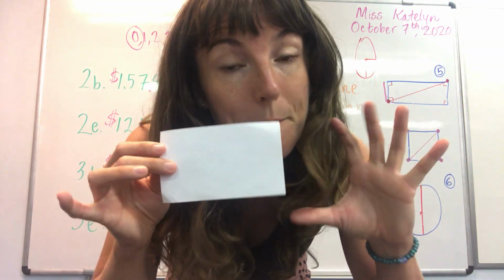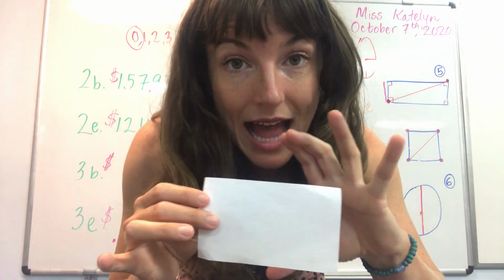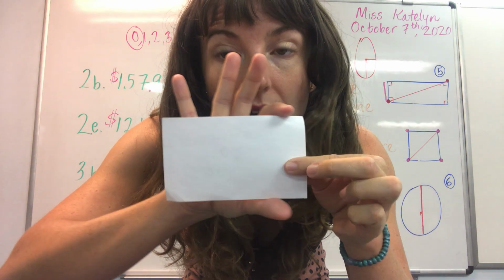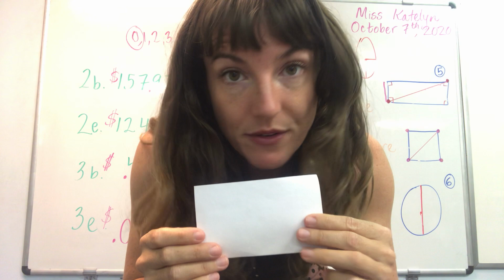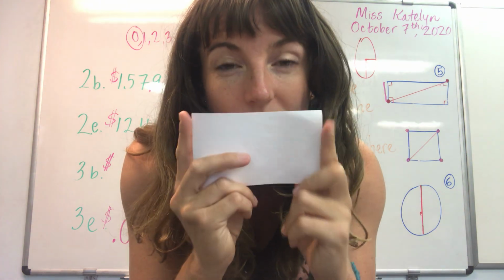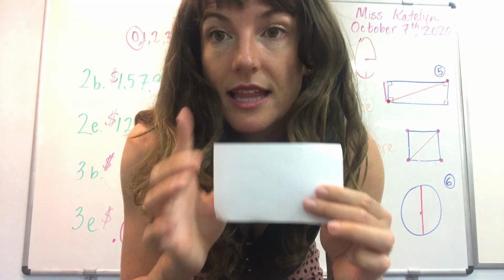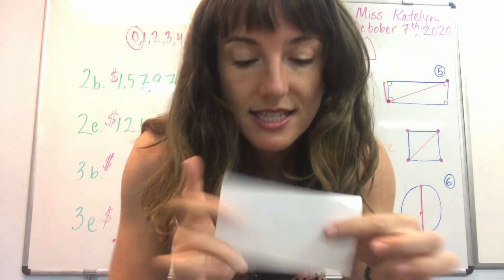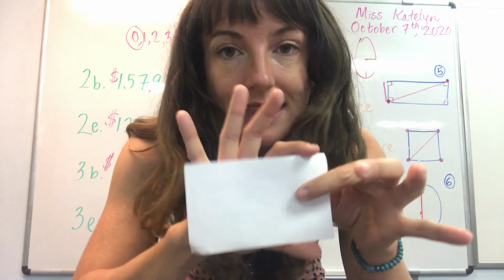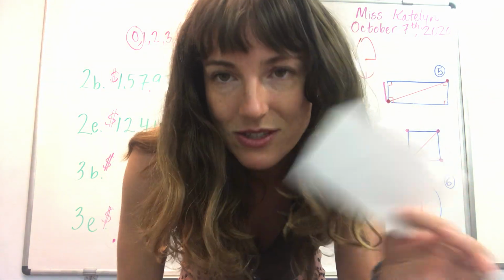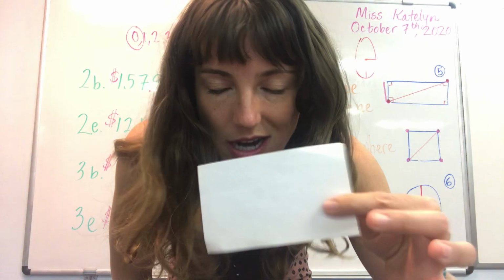It is a special parallelogram. Parallel means never touching, okay? The top and the bottom are parallel, they will never meet, and the left and the right are parallel, they will never meet. These two sides are the same length, and these two sides are the same length, but this and this are not the same. Okay, so those are the defining points of a rectangle.